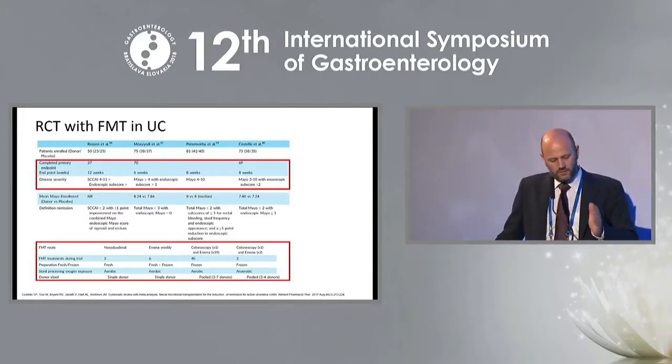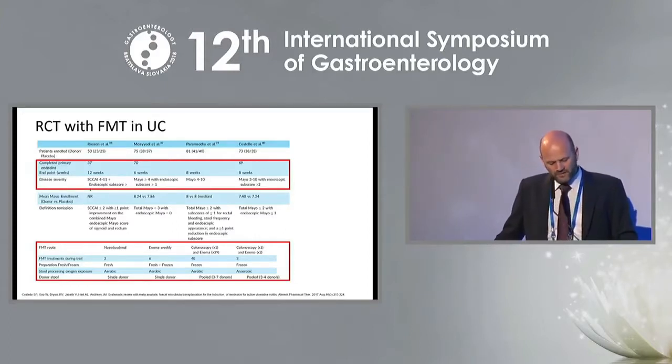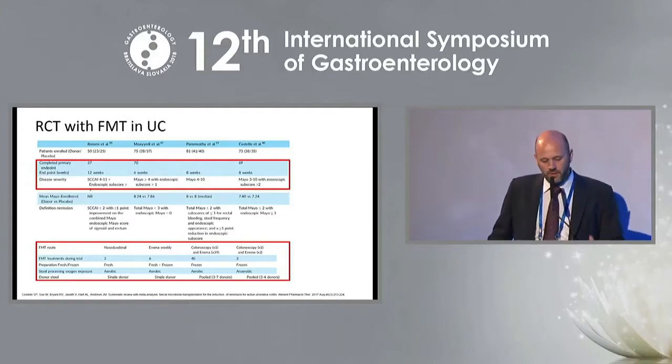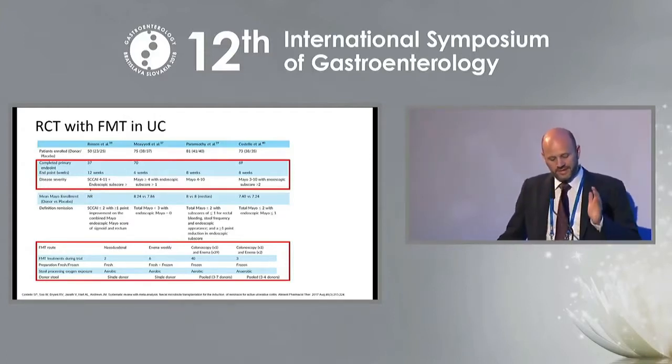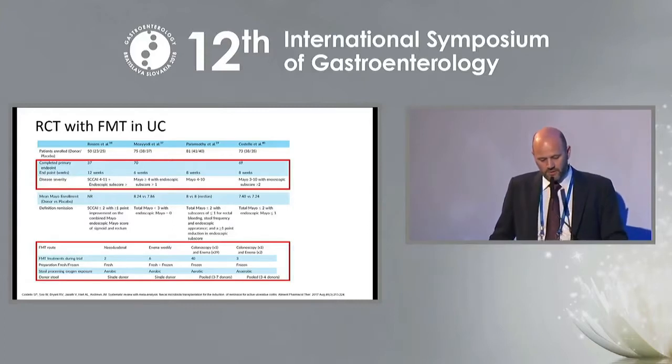So Rossen analyzed a cohort of 50 patients, with an endpoint after 12 weeks, and he applied the nasoduodenal route of delivery. He gave 2 infusions using fresh aerobic stool from a single donor. Moayyedi's was a trial with 75 patients who used enema with 6 treatments using fresh and frozen stool from a single donor.